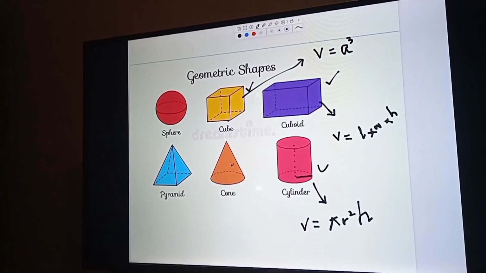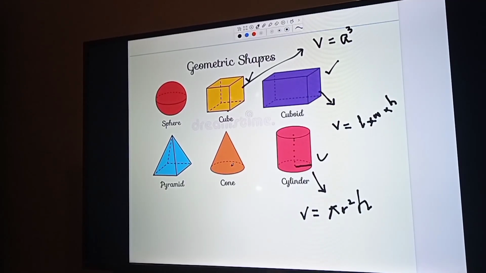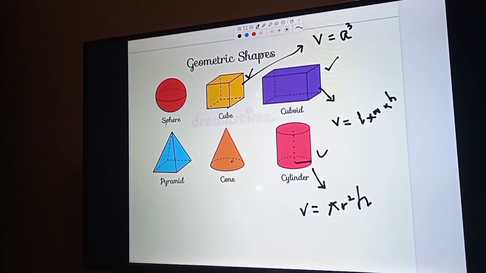Our next 3D shape is the cone. We see cone in ice cream cones, party hats, traffic cone, etc. To calculate the volume of the cone, the formula will be volume is equal to 1 by 3 pi r square h.